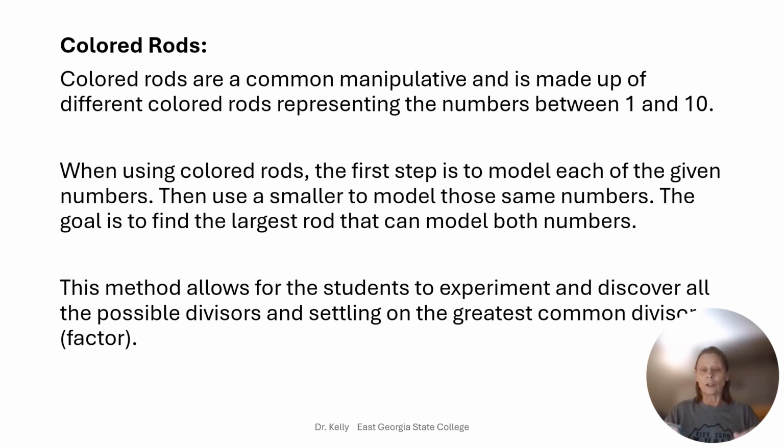And the idea is to use the largest of those smaller blocks, if that makes sense. This allows the students to really experiment, right? So they can kind of see that maybe a certain denomination's not going to go in evenly on that one, and they can start playing with it. It's really good for hands-on learning.